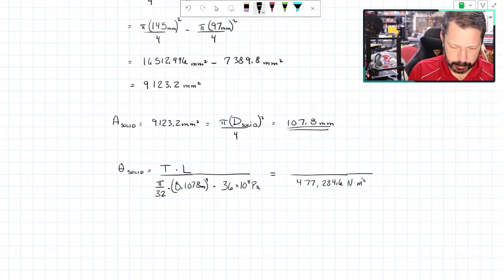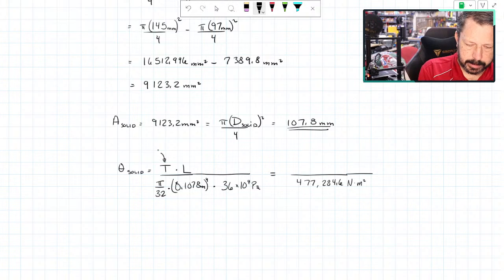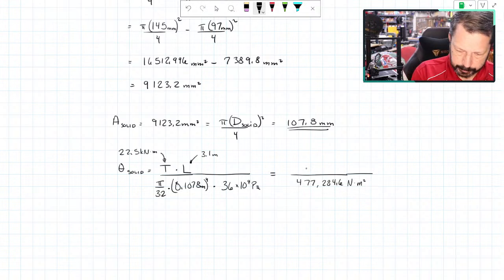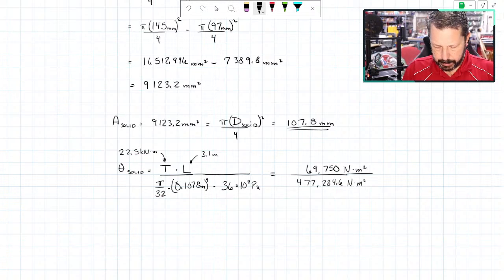My numerator: T is 22.5 kilonewton meters, and L is 3.1 meters. So 22.5 times 1,000 to get Newton meters, times 3.1, gives 69,750 Newton meters squared. Divide that by 477,284.6.